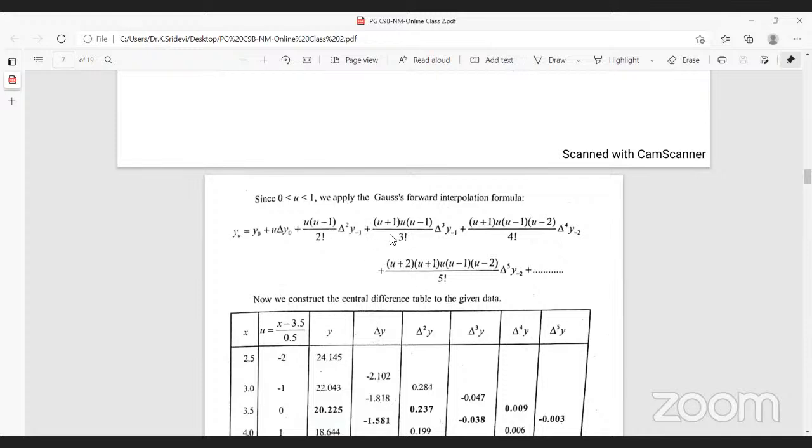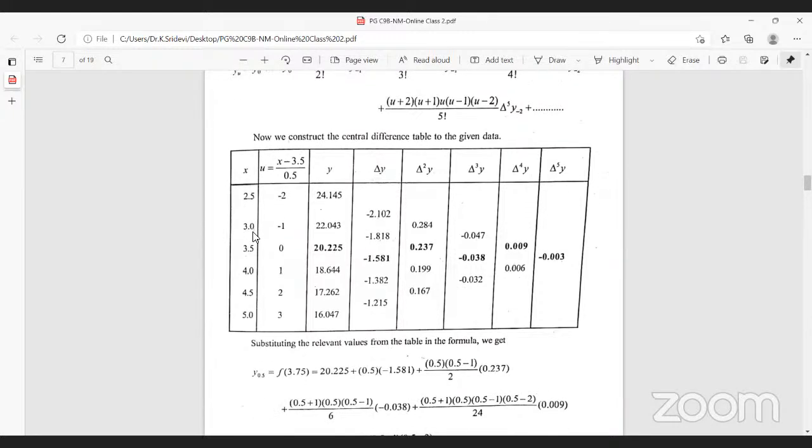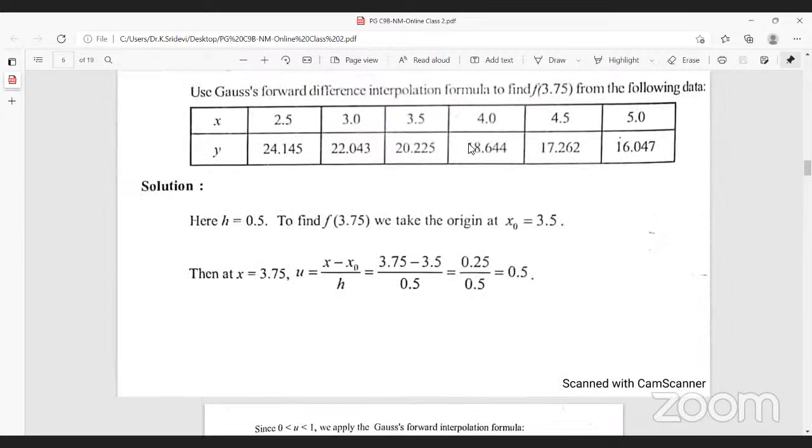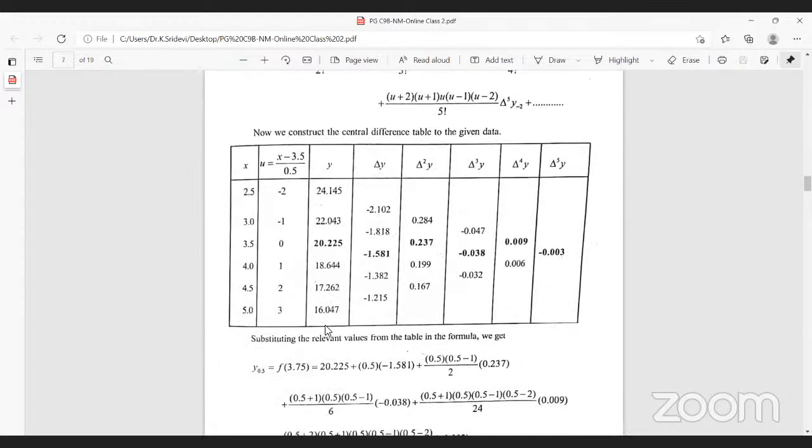Now, to apply this formula here, first we have to construct the relevant table for the given tabular values. So from the problem, the x values are 2.5, 3.0, 3.5, 4.0, 4.5, 5.0, and these are the y values. Take these y values in the table like this. According to each x value, you can find the u value. What is u? (x minus x naught) by h, where x naught we have chosen as 3.5 and h is 0.5.